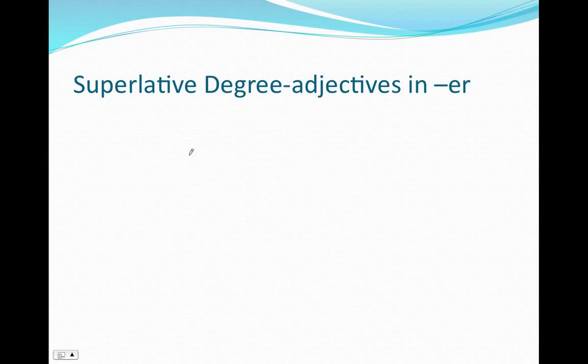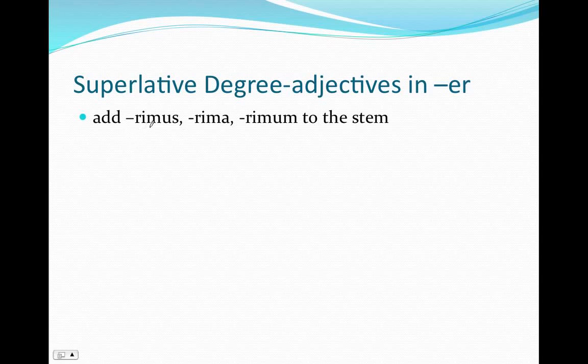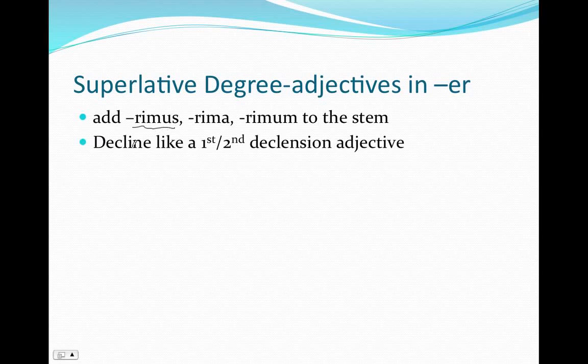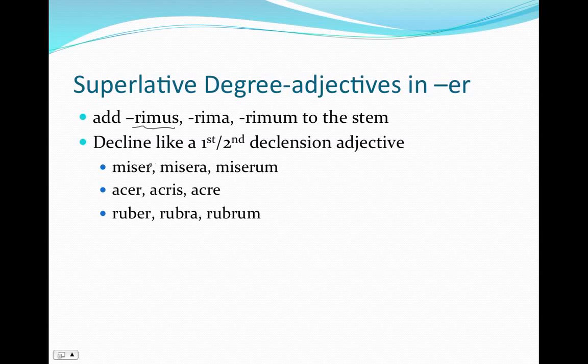Now there are a few little catches here. If the adjective ends in er, instead of adding issimus, we're just going to add rimus to the stem, and then decline it like a first and second declension adjective. So what would these look like? Miser, all right, the stem is miser, so the superlative is going to be miser, and then we add rimus, miserrimus.